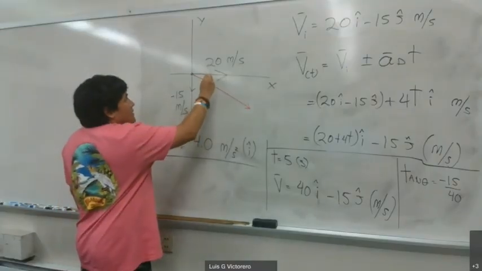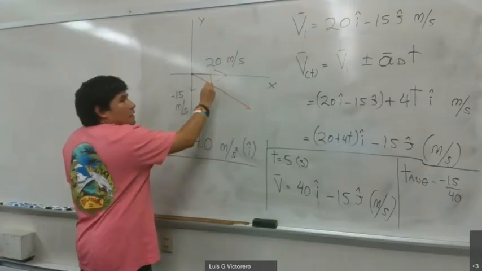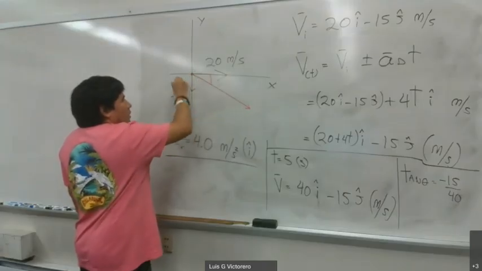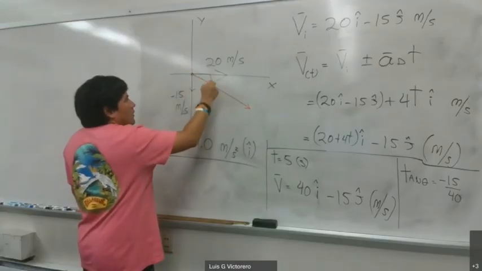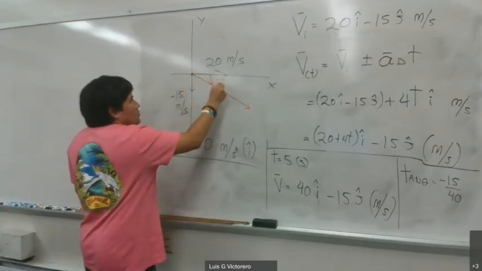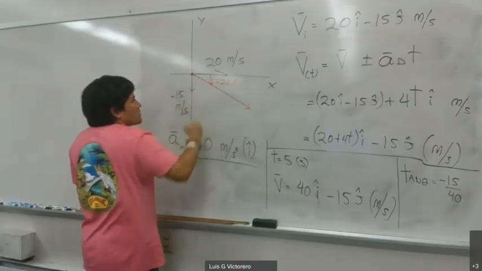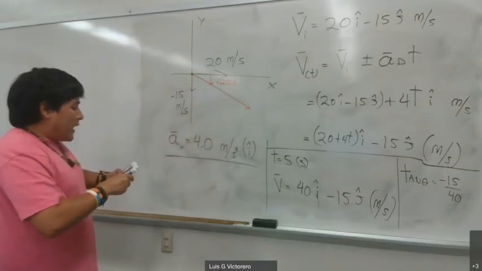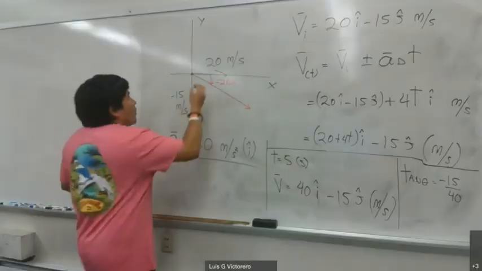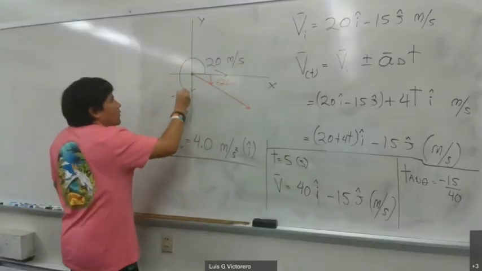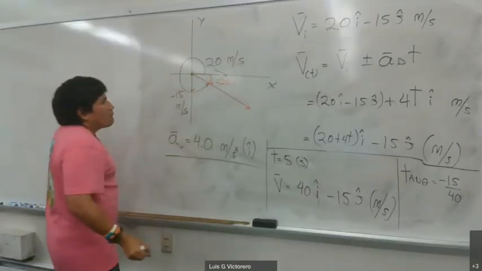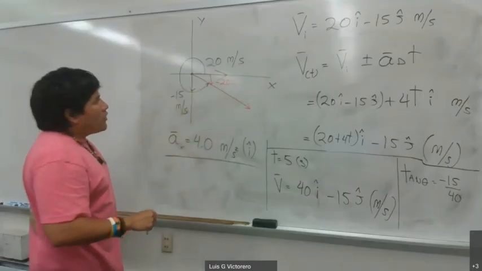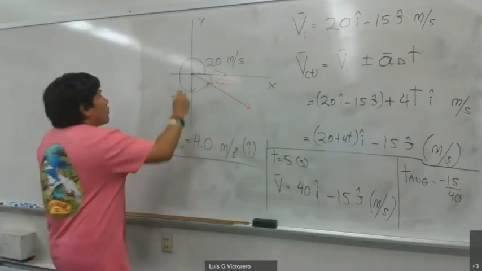So a negative angle is this. Normally the angles are counterclockwise, but clockwise, below the x-axis, that will be minus 20.6. You can say that's the angle, or you can declare the angle in the fourth quadrant, which will be all this. That will be 360 minus this angle, 339.4.